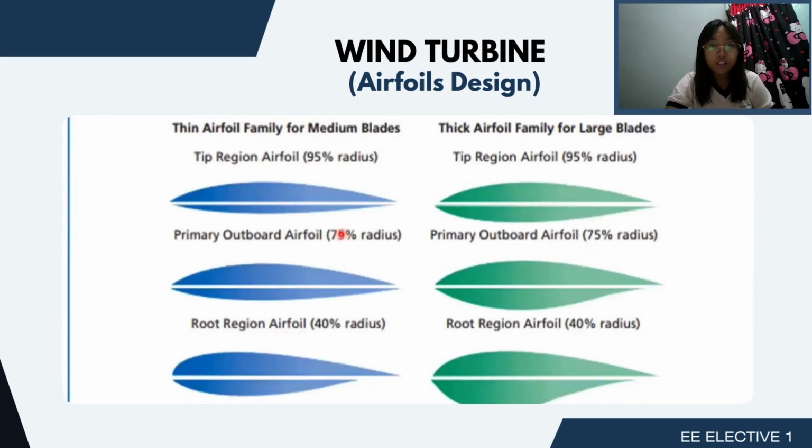The third one is root region airfoils, 40% radius. So for the thick airfoil family for large blades, tip region airfoils, 95% radius. Primary outboard airfoils, 75% radius. Root region airfoils, 40% radius.